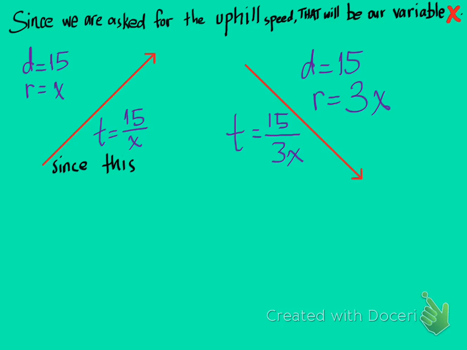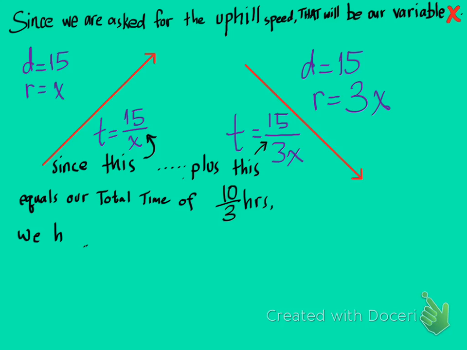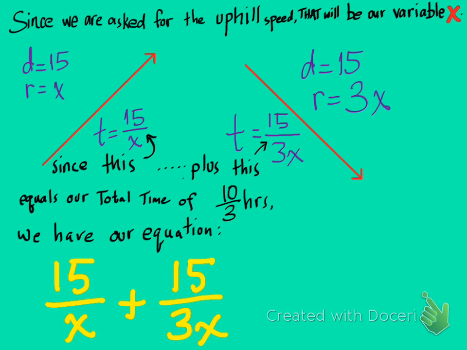And so since that number, 15 over x, plus that number, 15 over 3x, equals the total time of 10/3 hours, we therefore have our equation right there. The sum of those 2 times equals 10/3. All right, there we go. That's our equation. Okay? Time going up, that's 15 over x. Plus the time going down, that's 15 over 3x, equals 10/3.